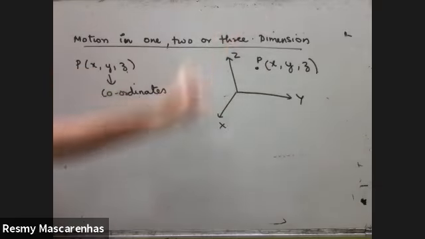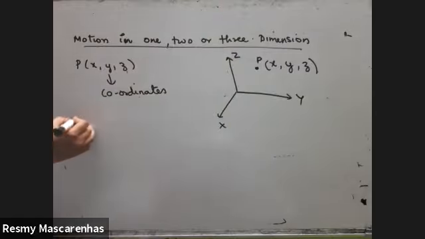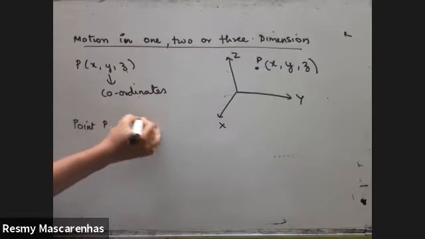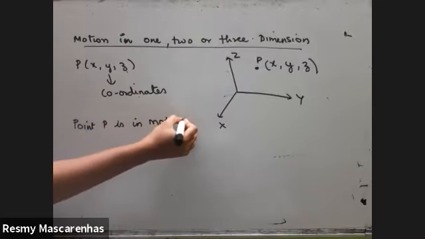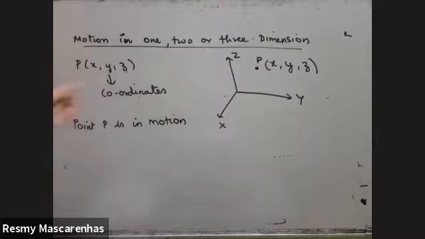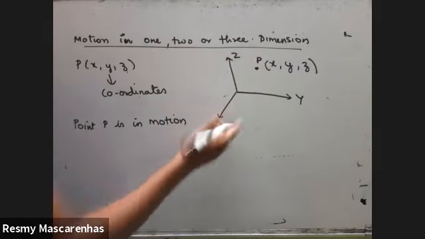Suppose this point is moving somewhere in space. Consider that point P is in motion. If only its x coordinate is changing, it means it is moving in only one direction, like a straight line.